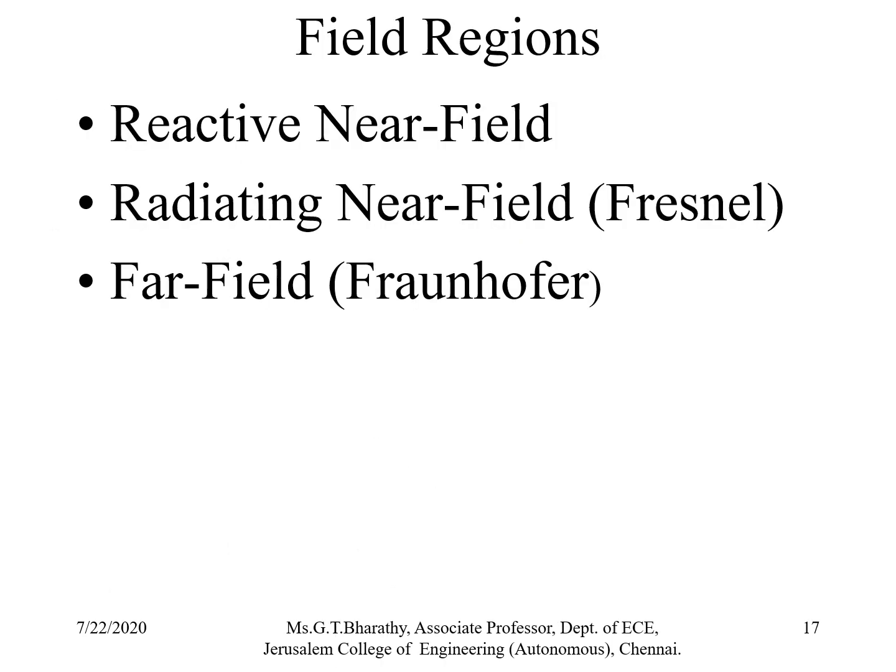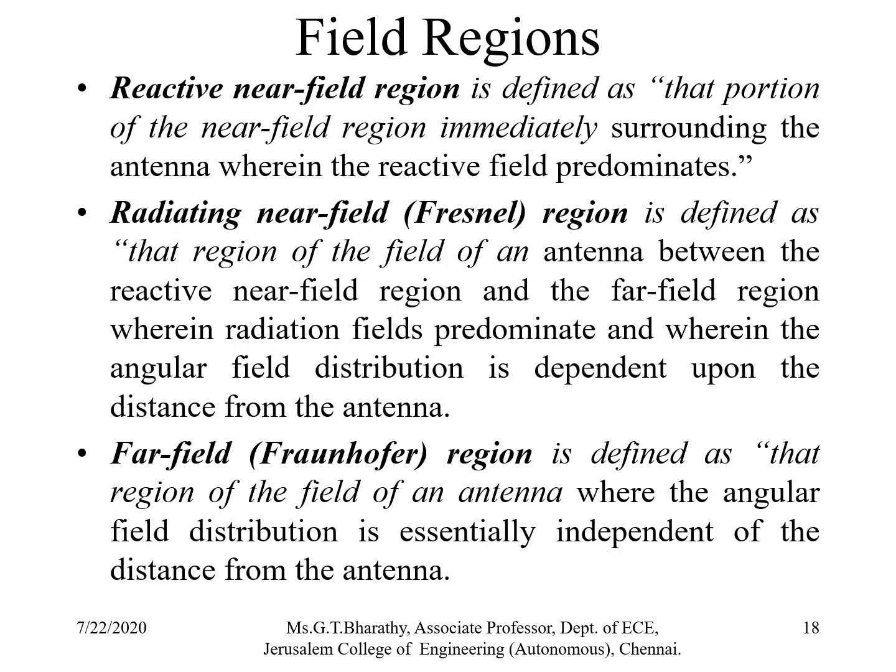Then we moved on with the types of field regions, where we saw the reactive near field, the Fresnel and the Fraunhofer field. The design of antenna depends on the Fraunhofer field. We saw the definitions of all the three.